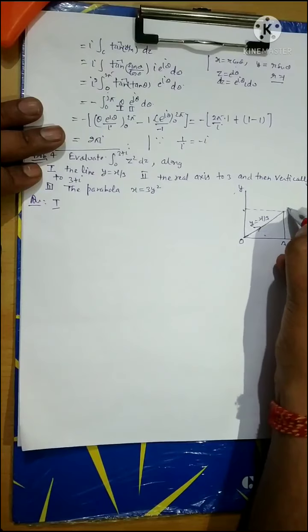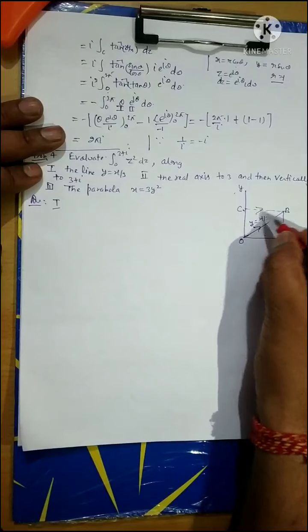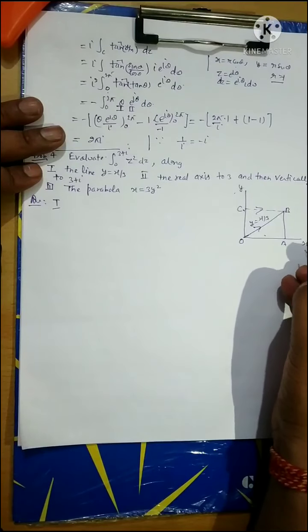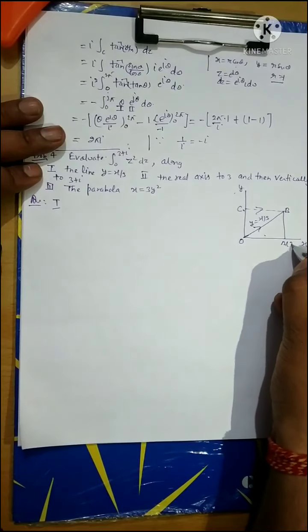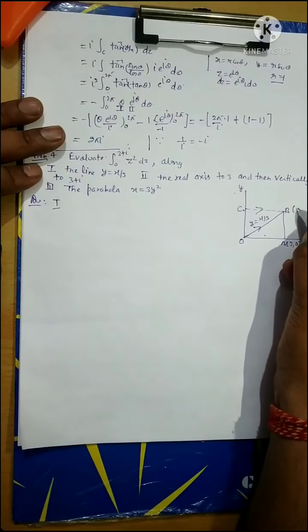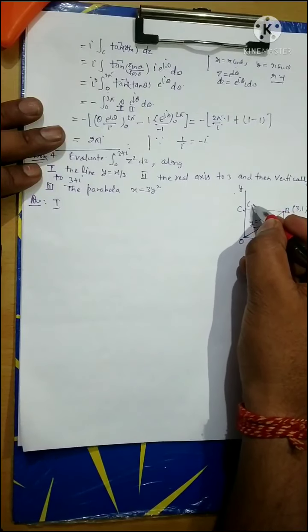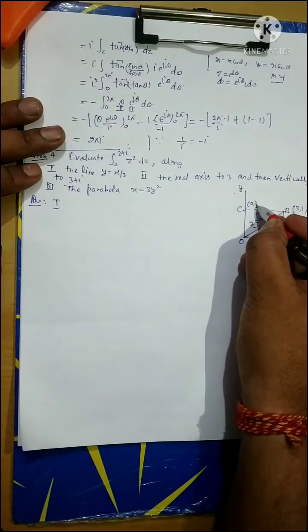Point A, point B, point C: the position of A is 3, 0, position of B is 3, 1, now C is 0, 1.